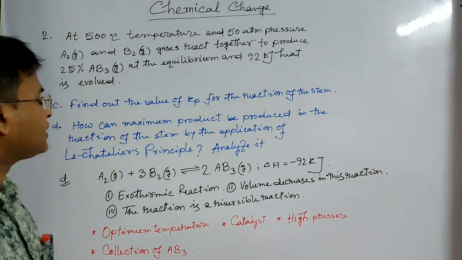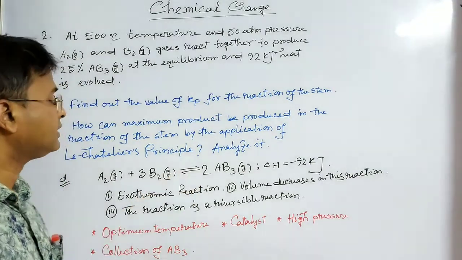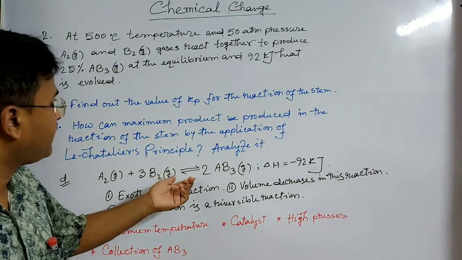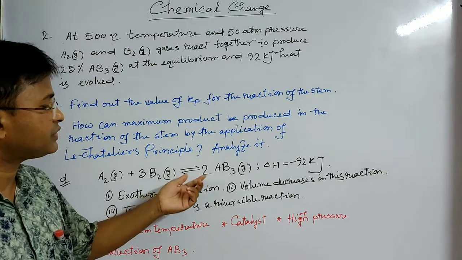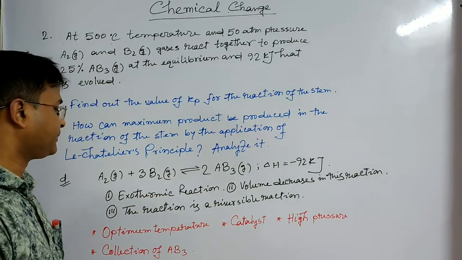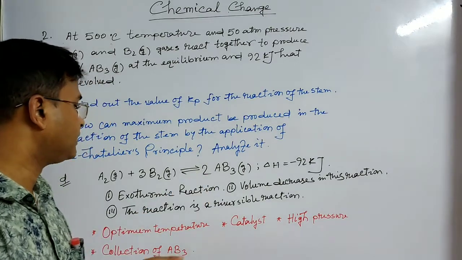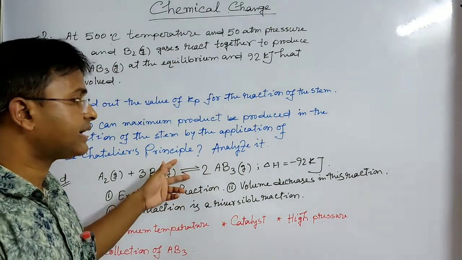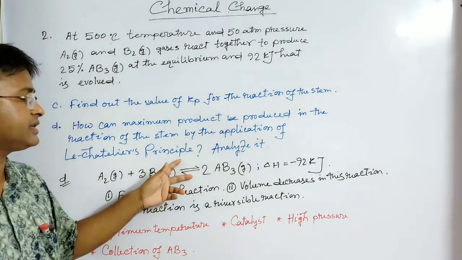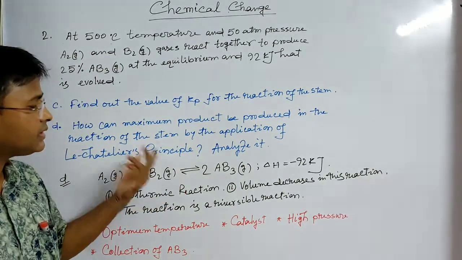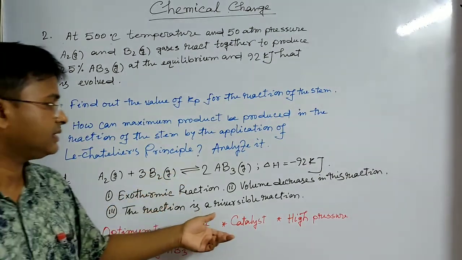This is a contradictory matter. That's why in this state, an optimum temperature is used to produce maximum AB3. Here, an appropriate catalyst is used, and in some cases, a catalyst promoter is also used to increase the catalysis ability of the catalyst.